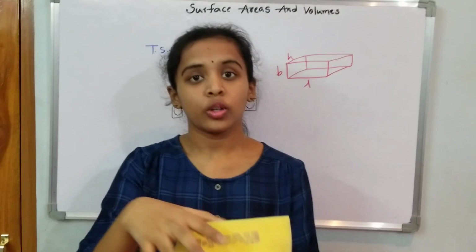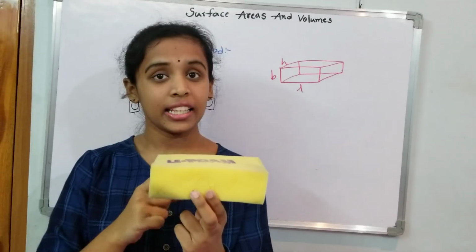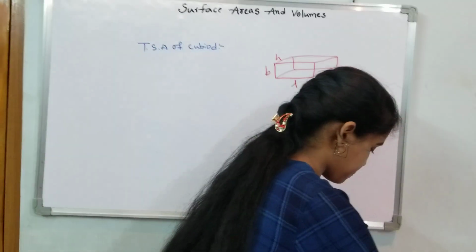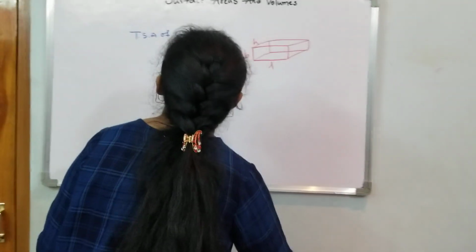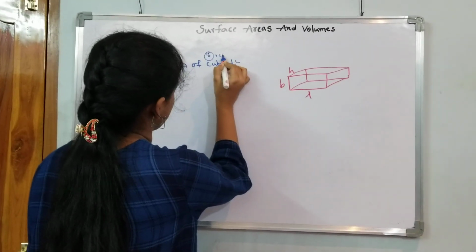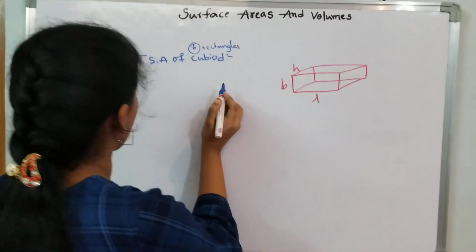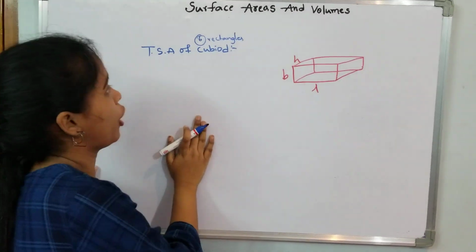It has 6 surfaces, and it has 6 rectangles. So let's find out the total surface area of cuboid.